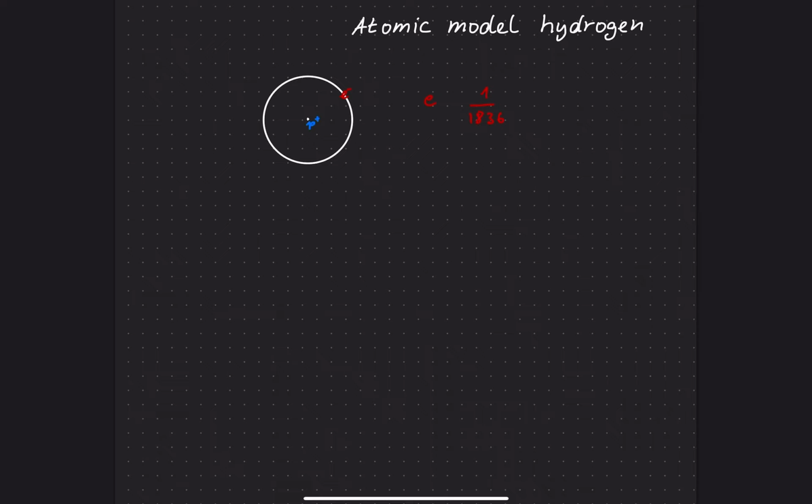Electrons are subatomic particles. That means that they are the building blocks of atoms, just like the protons, of course.